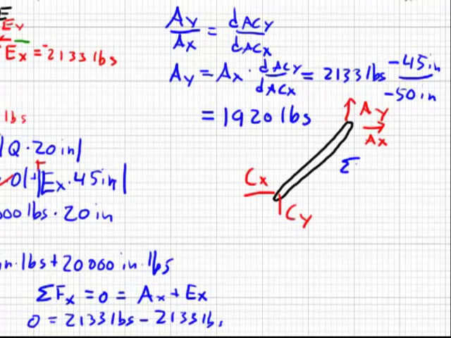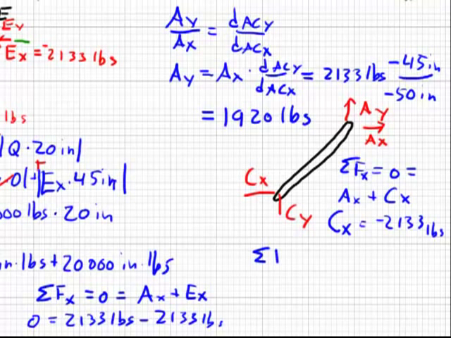If we add up the forces in the x direction, they must equal 0. And that is AX plus CX. Solving for CX, since AX is positive 2133, CX must equal negative 2133 pounds.